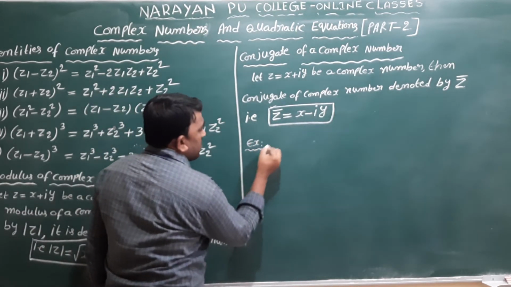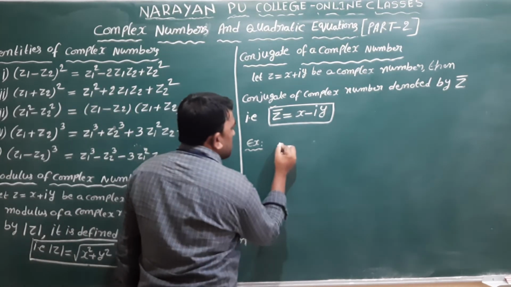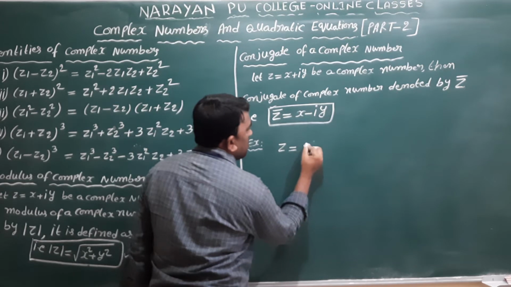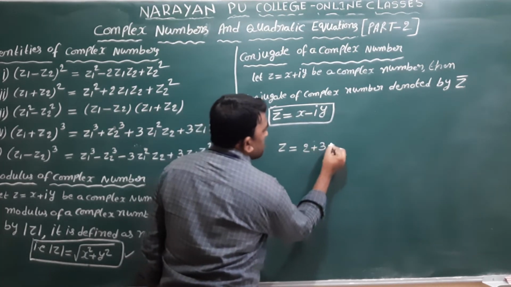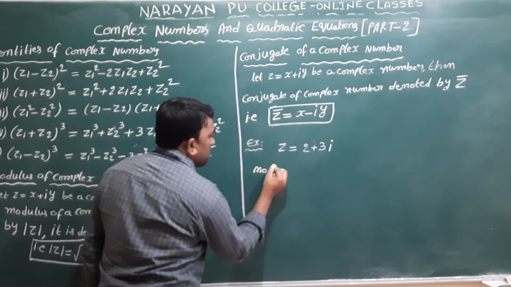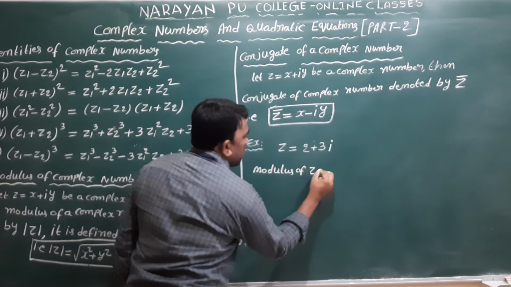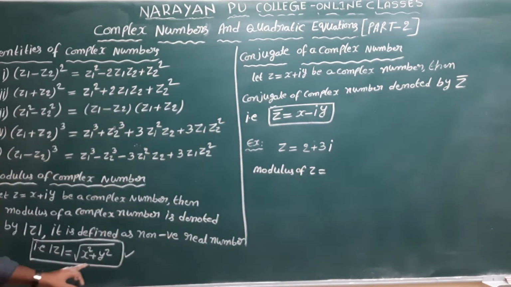I will take for both modulus and conjugate one simple example. So z equal to 2 plus 3i. So modulus of z. So modulus of z formula is what? Square root over x square plus y square.